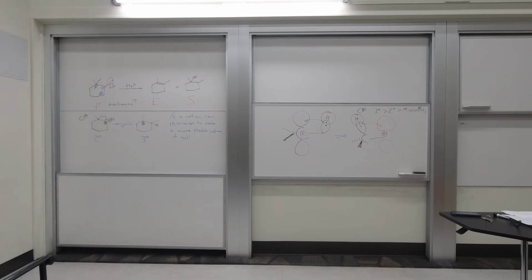As a general rule, the way to bet is if the cation can rearrange to make a more stable cation, it does. So secondary cation going to tertiary, primary cation going to secondary, non-resonance stabilized cation going to a resonance stabilized cation, all those are going to happen. And so if I asked you to predict a product, I'd expect you to predict that.